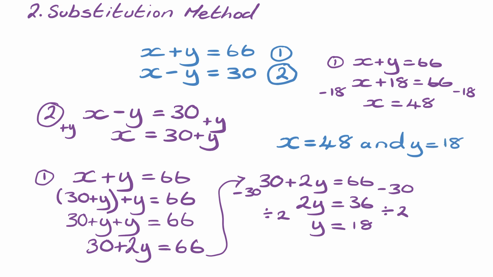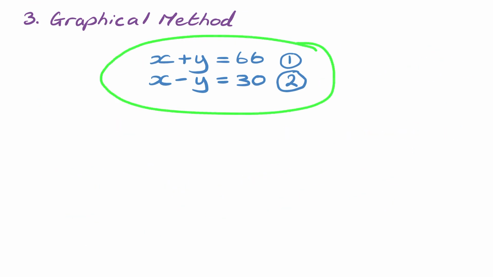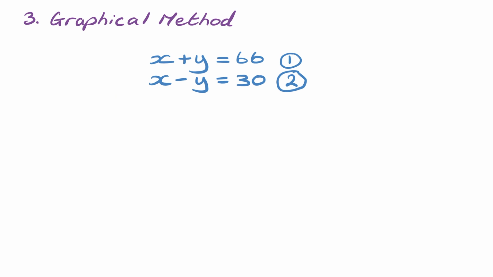And then the third and final method we're going to go through is the graphical method. And like I said, that is actually my personal favourite. And here are the two equations, I brought them over. Now what we're looking for with a graphical method is a graph with two lines. So this is just a quick sketch of a Cartesian coordinate graph. We have an x-axis and a y-axis. That's our origin.